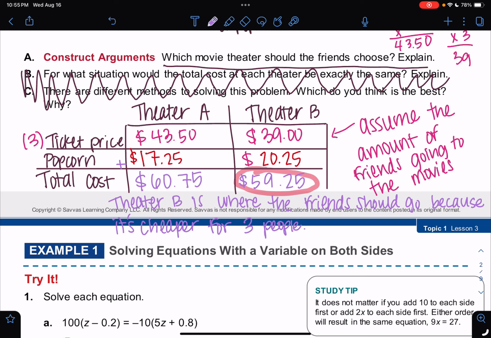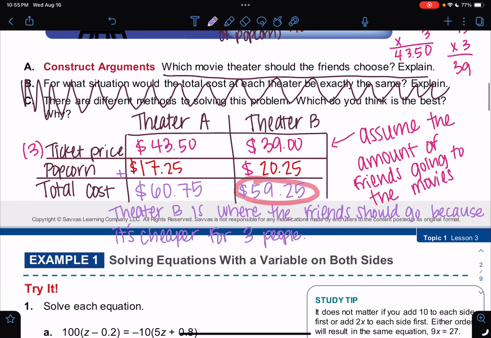Okay? All right, so that is part A. And of course, you can pause the video if you need to go ahead and write this down. I'm going to go ahead and move along. So I'm going to just take this off here.